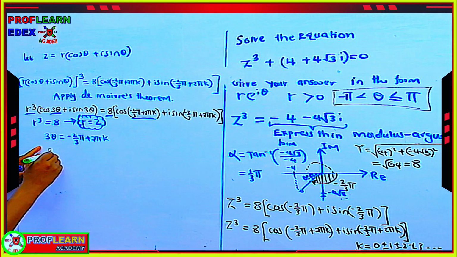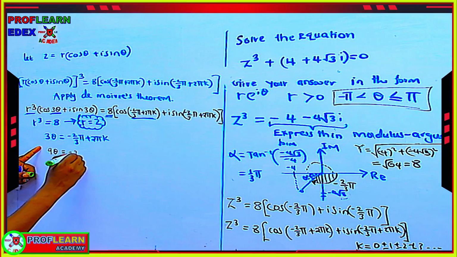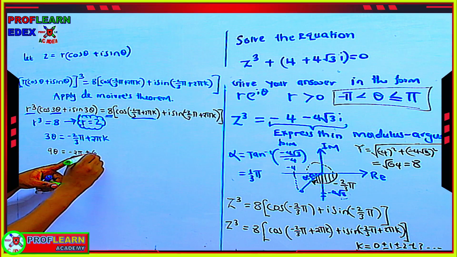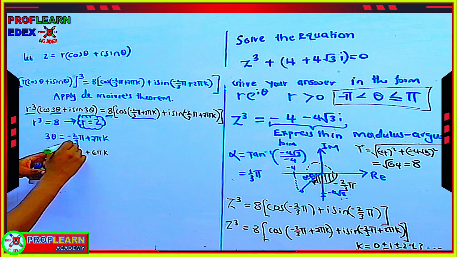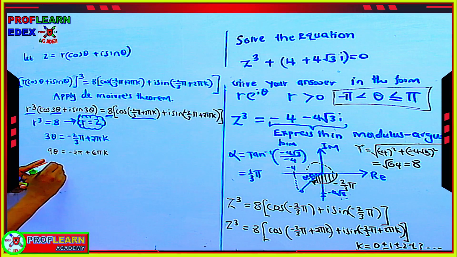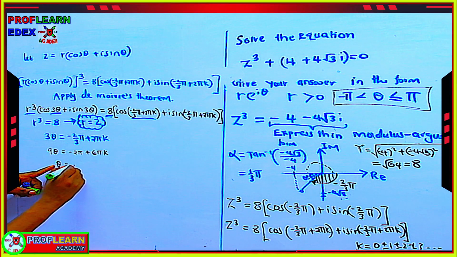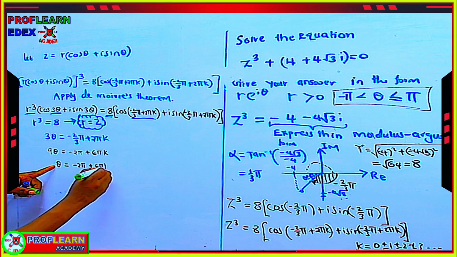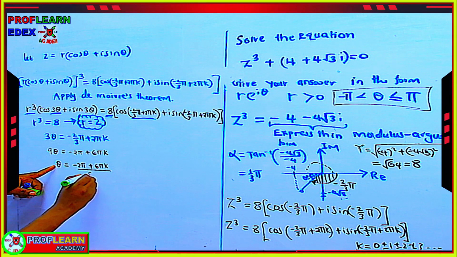So this becomes 9 theta is equal to minus 2 pi plus 6 pi k, because I'm multiplying by 3 all through. Then my theta from this equation is going to be theta is equal to negative 2 pi plus 6 pi k divided by 9.